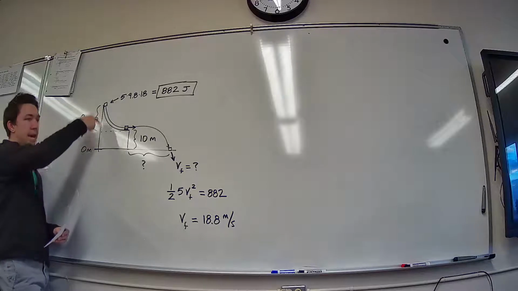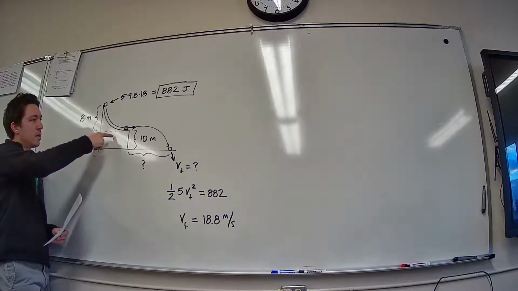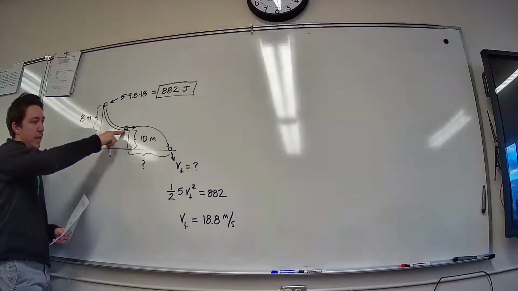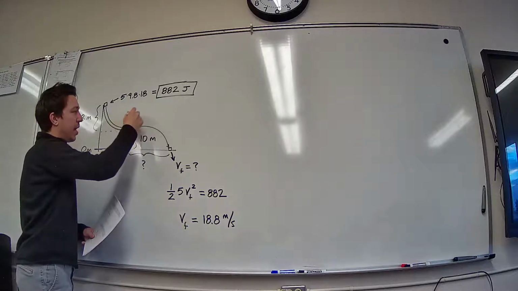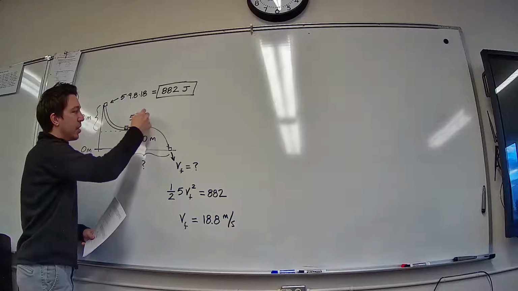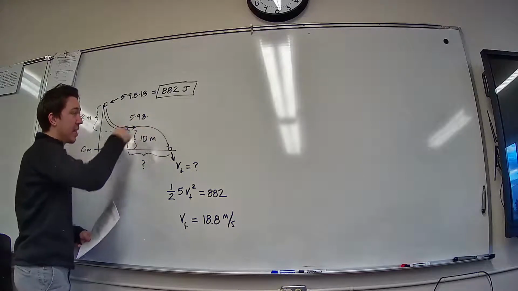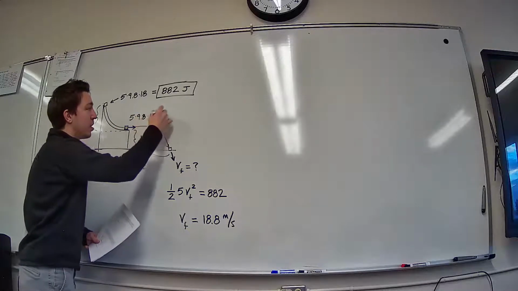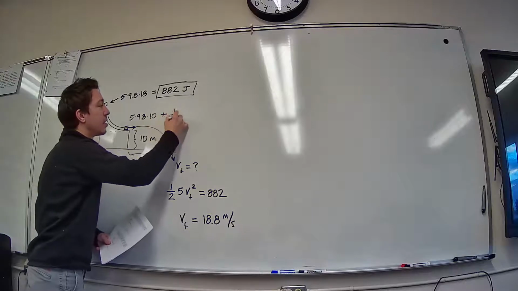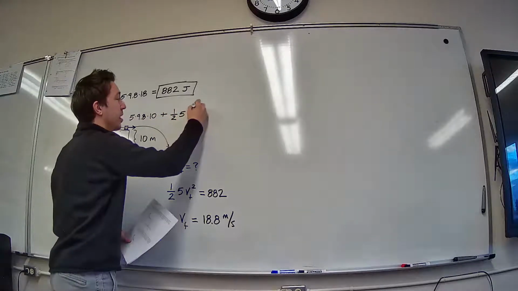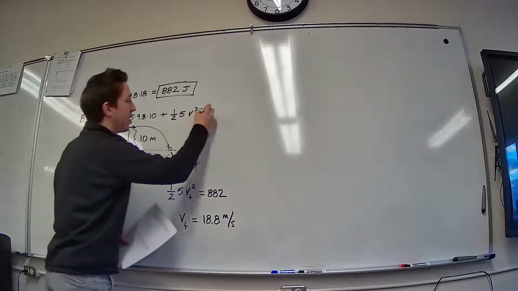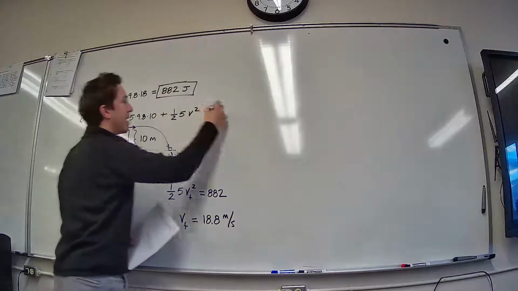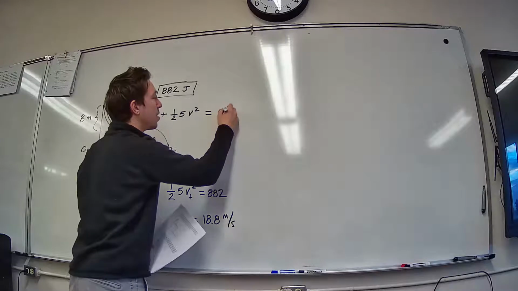Yes. Just do the exact same process, except all you got to do is go, well, here, what's my energy calculation? I've got m g times 10. His h is 10, so he's actually got potential and kinetic energy, right? So at this moment, he's got potential and kinetic, and of course that has to equal 882.